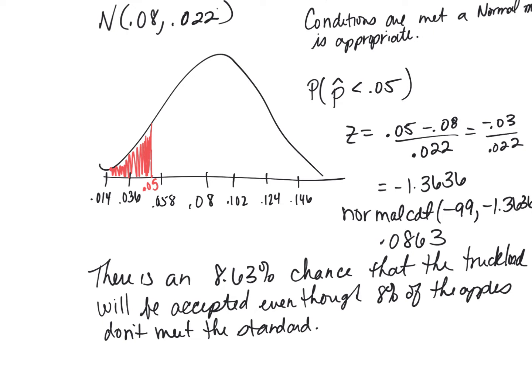Questions on that one? Yes, Jacob? So why does the sample have to be less than 10%? It's less than 10% because we're not sampling with replacement. We're not going to take an apple, say it's good, and then put it back in. That would be clear independence.